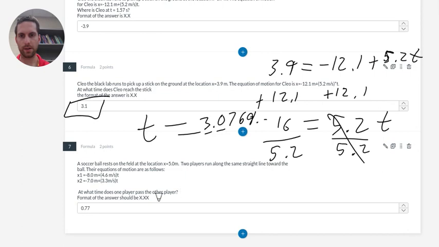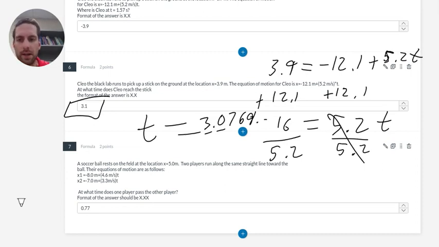So when they pass each other, that would imply that they intersect. And we want the time. It doesn't really matter where the soccer ball rests. They're talking about two players. They're going towards the ball, but they're not directly related to what the ball's doing.